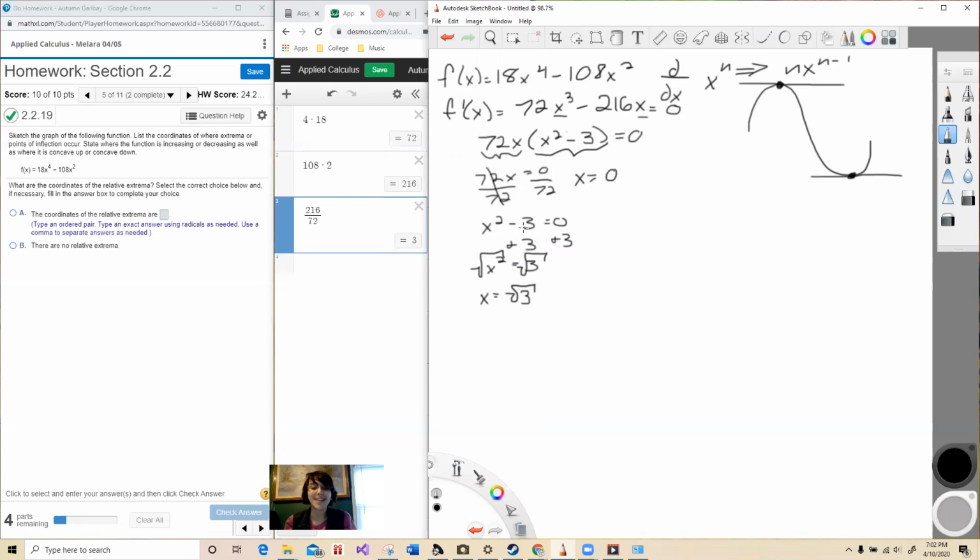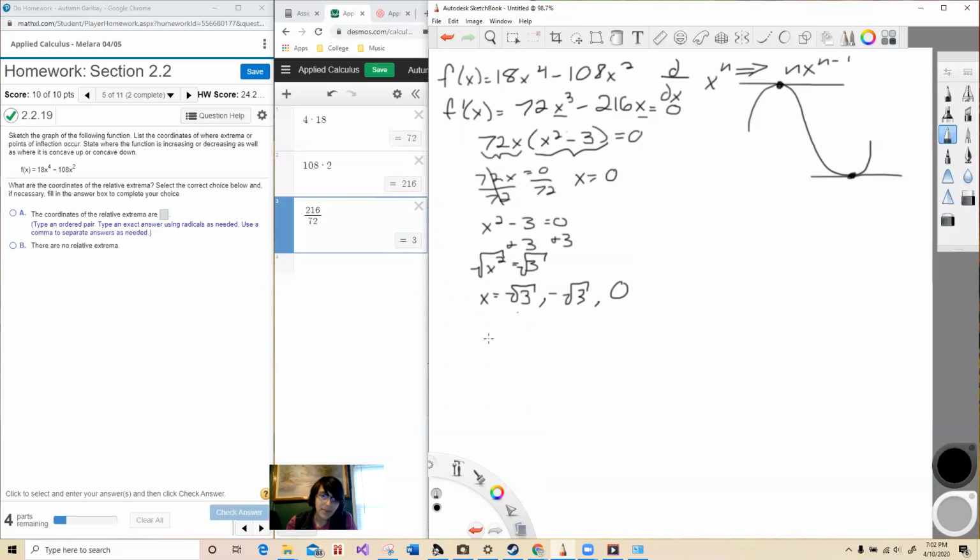But when you're taking the square root, you want to be really conscious and realize that there's going to be a positive and a negative, because a negative times a negative equals a positive. So if you were to square that, you get the same value as you would if you had that positive root. So this is going to be positive root 3 and negative root 3. And of course this 0. So these are our 3 x values where our function attains a maximum or a minimum.